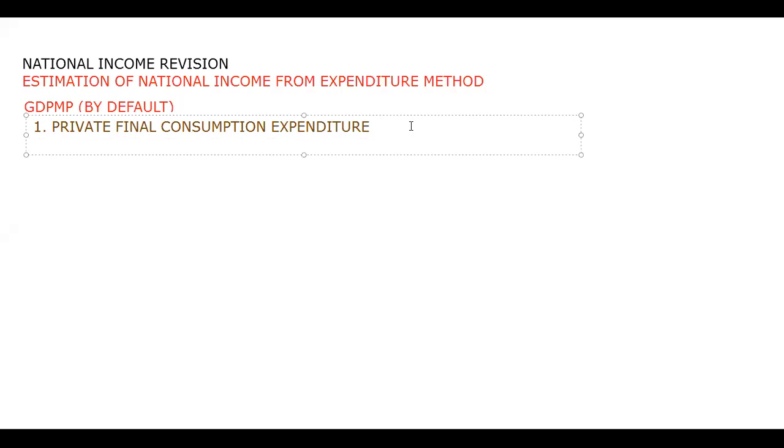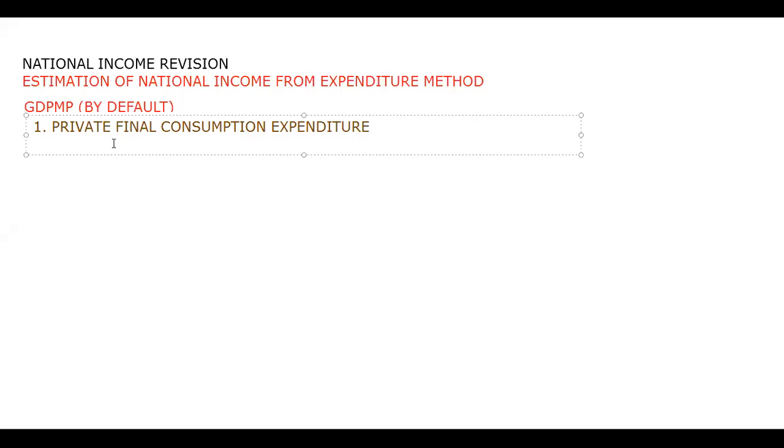Because it is the expenditure method of calculating the national income, we are taking the expenditures and adding all these expenditures together, and then we will be able to get the national income from expenditure method, right?